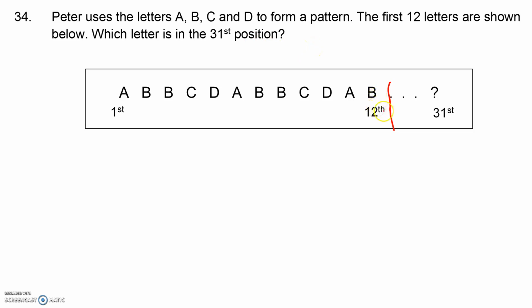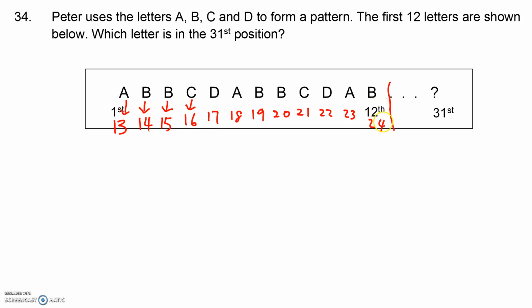Okay. Now, if this is the 12th position, that would mean that going forward, the 13th position will be here, the 14th position will be here, 15, 16. So the 13th position will be A again, the 14th position will be B, the 15th one will be the next letter. The 16th position will be a C, 17, 18, 19, 20, 21, 22, 23, 24.